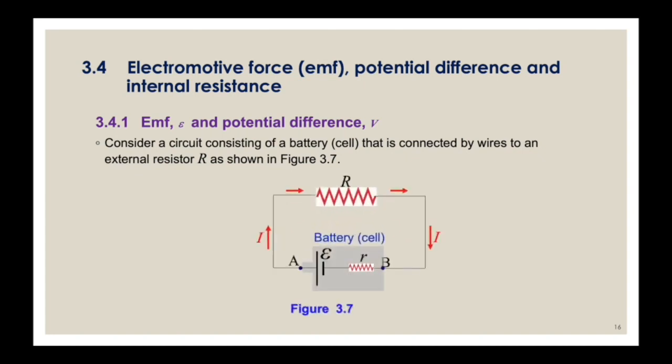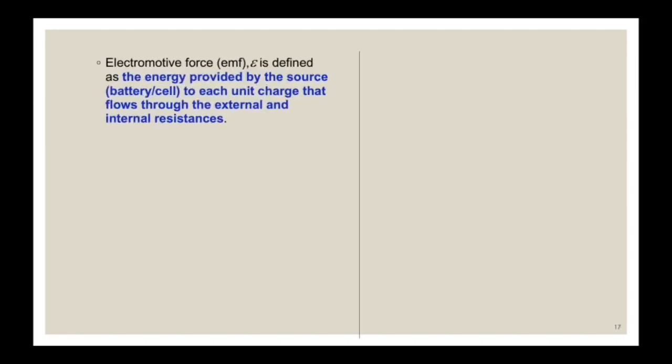So let's say we have this circuit. We have the battery, we have wire, and then we have resistance. Right, what is EMF? EMF or electromotive force is defined as the energy provided by the source or battery to each unit charge that flows through the external and internal resistance.